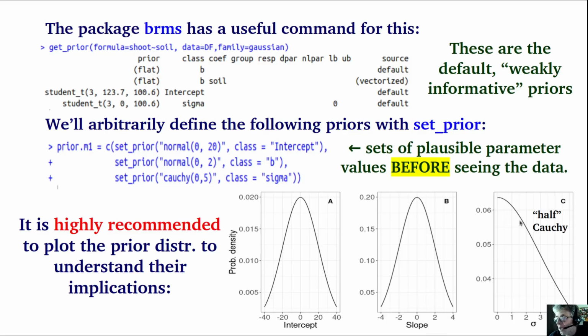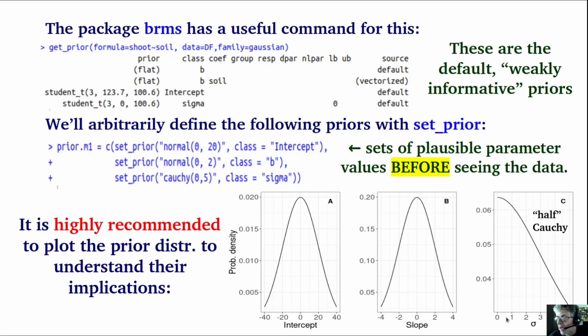And now we see for the sigma, the standard deviation of the response variable, we are plotting half of the Cauchy distribution. The Cauchy distribution would go to the negative part, but the package brms is smart enough to know that we are just using a half Cauchy.